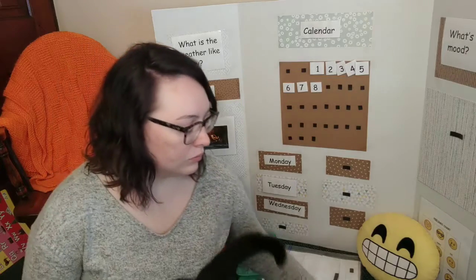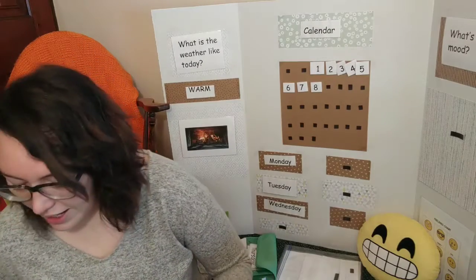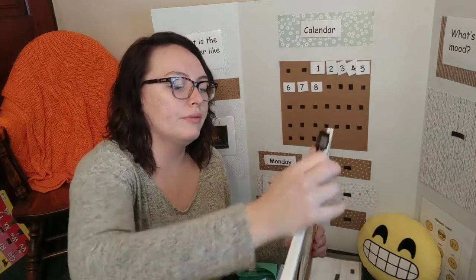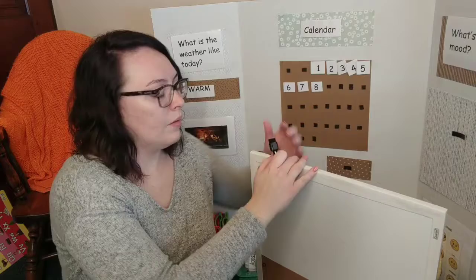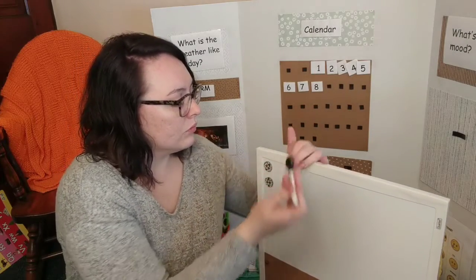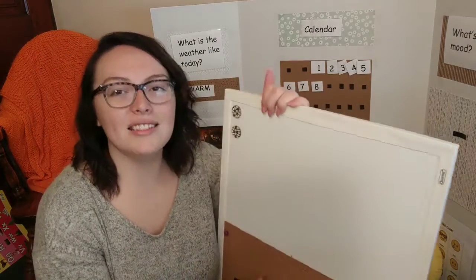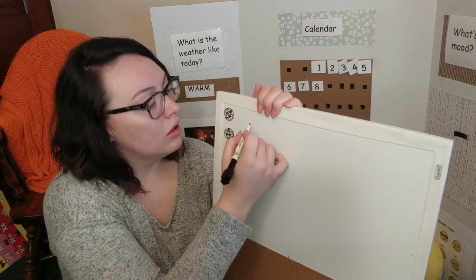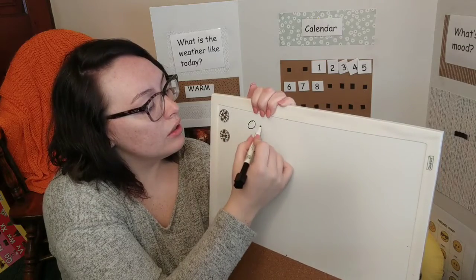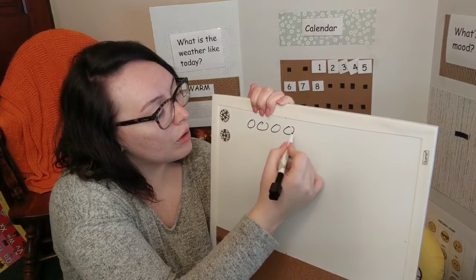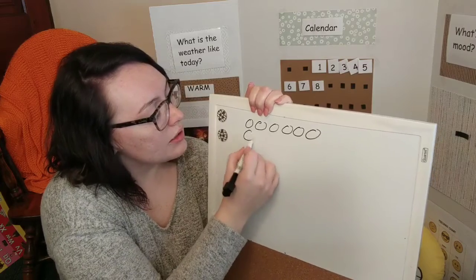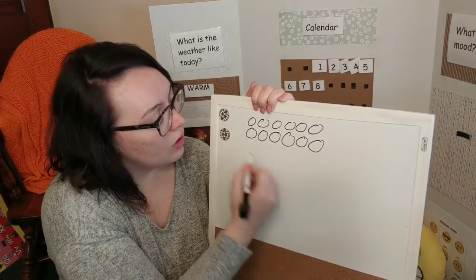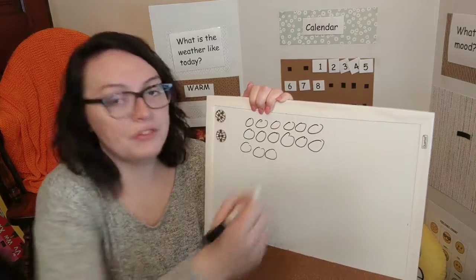So let's say I have 15 eggs. Say I have 15 eggs. So 1, 2, 3, 4, 5, 6, 7, 8, 9, 10, 11, 12, 13, 14, 15.